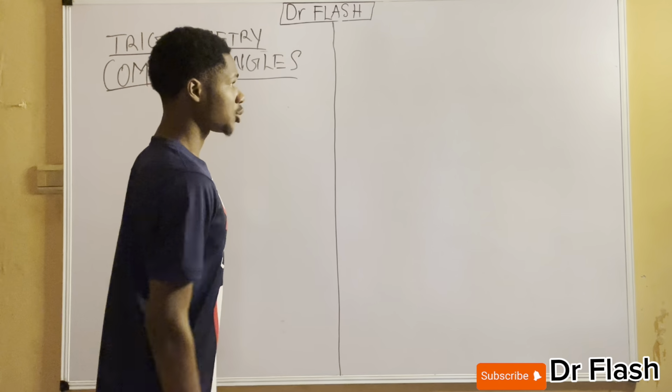These two lines are perpendicular. That's why I say they are not drawn to scale. But if you make use of a ruler and it's straight, this is what we're going to get. And then I'm going to call this angle theta. I'm going to call this angle phi, so that if you find the cosine of the whole angle here, it becomes theta plus phi, which is our aim.